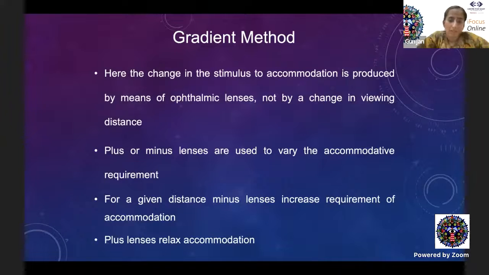For a given distance, minus lenses increase the requirement of accommodation, and plus lenses are going to relax the accommodation, because ultimately your accommodation was making your lens more convex. So if you are adding a plus lens, you are just aiding in the process, and you need not accommodate, whereas minus lenses are going to increase your requirement of accommodation.